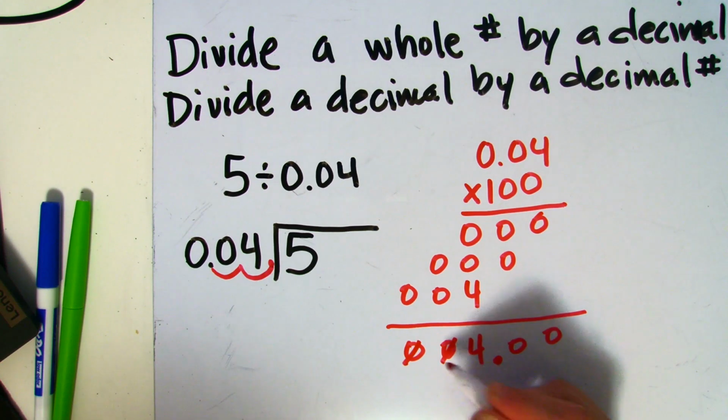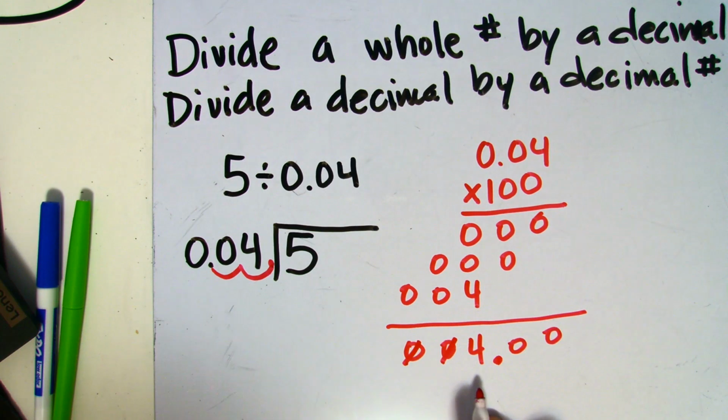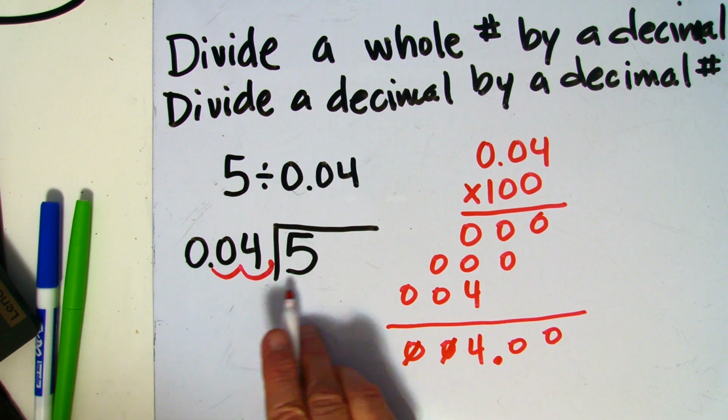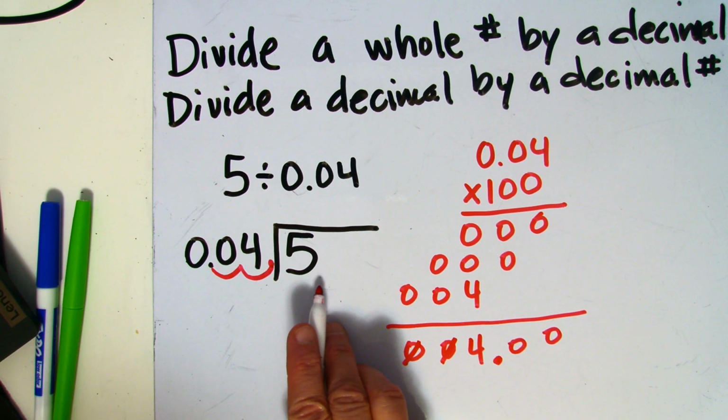Notice that our answer becomes a whole number of 4. Because I am essentially multiplying this number by 100, that means if I want to keep the value of this equation, I want to do the same thing to the number in the dividend.